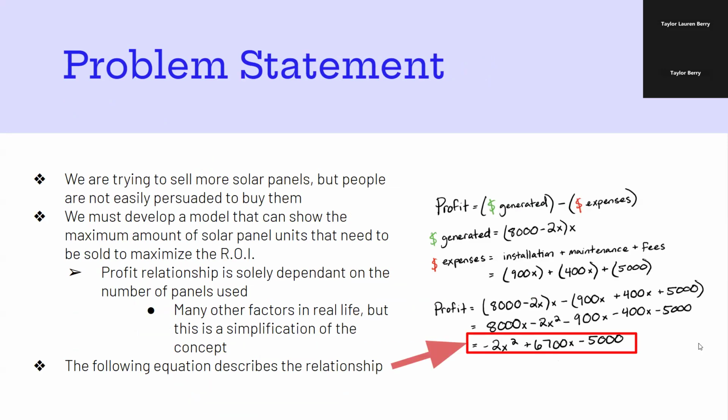Leading into our problem statement, we're trying to sell more solar panels, but people are not easily persuaded to buy them. Let's say they have issues like, oh, they're ugly, and this, that, and the other thing. And as we said before, money talks. So we want to develop a model that can show the maximum amount of solar panel units that need to be sold to maximize the return on investment. Profit relationship. We're assuming that this is solely dependent on the number of panels used.